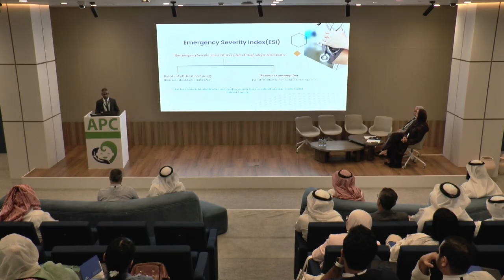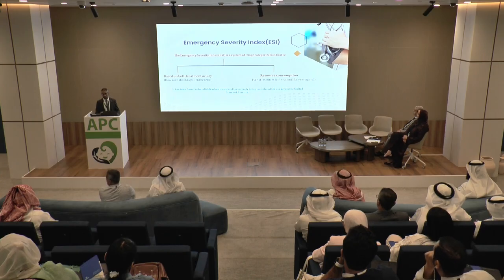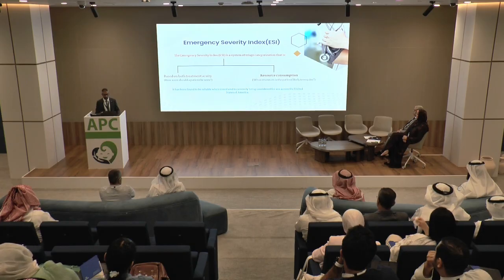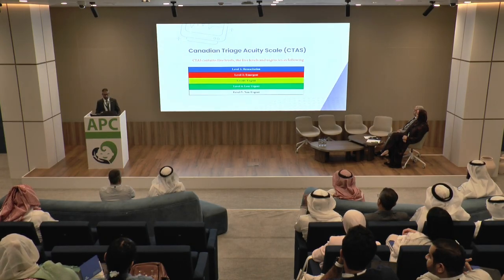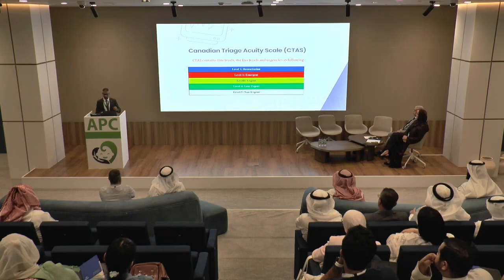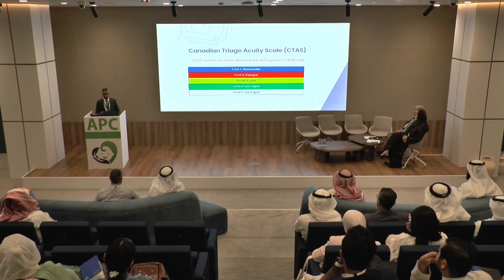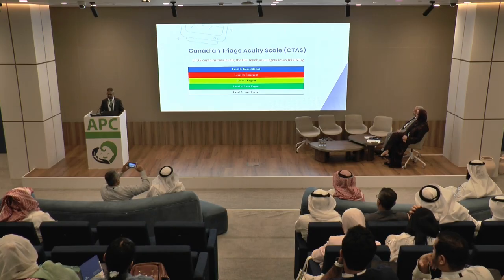The Emergency Severity Index, which is used in the United States, depends on answering two questions: how soon should I see my patient, and what resources does he need, like imaging or labs. Canadian triage, which we're going to focus on, is what applies in our emergency department in Saudi Arabia. There are 5 categories also: resuscitation, emergent, urgent, less urgent, and non-urgent.